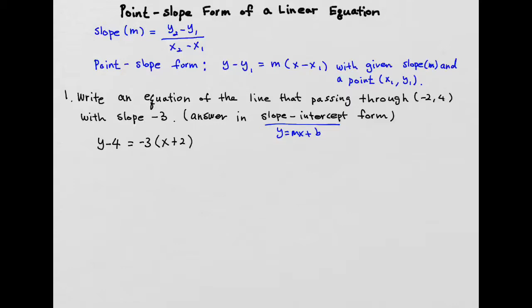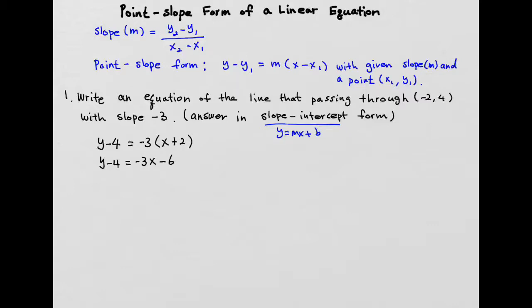And then I need to rewrite this into slope-intercept form. So I isolate y and simplify the other side. First thing I will do is open the parenthesis by distributing -3. -3 times 2 is -6.